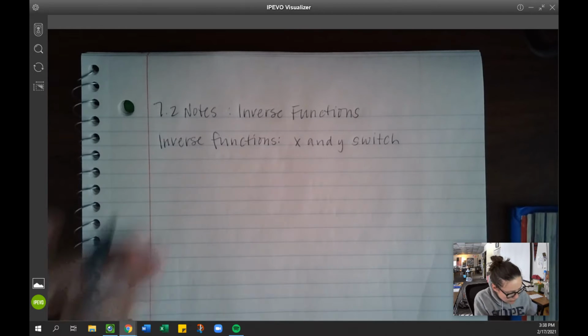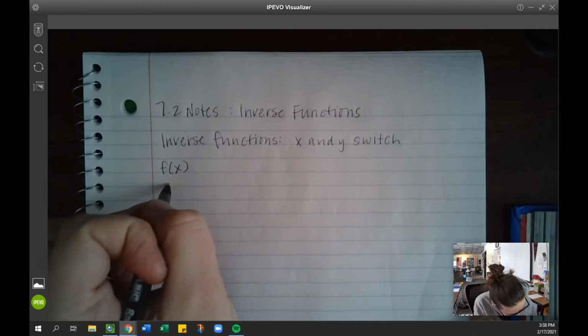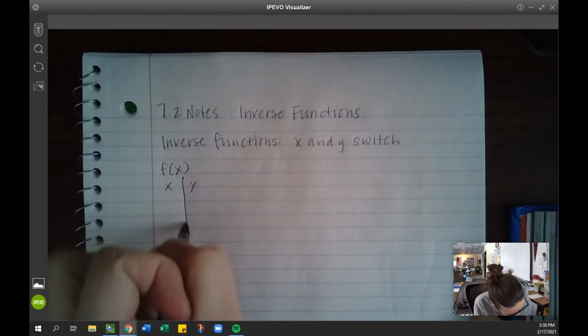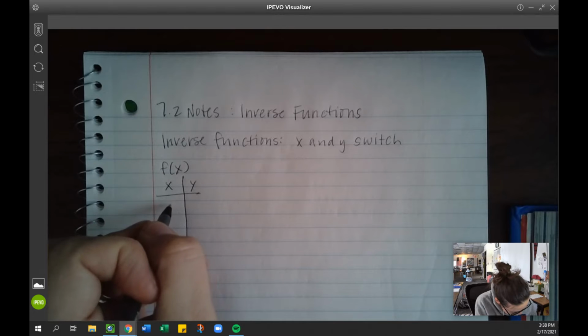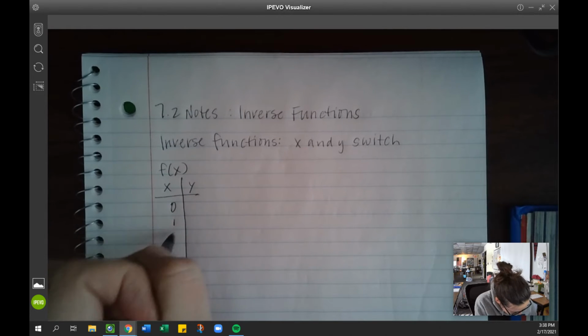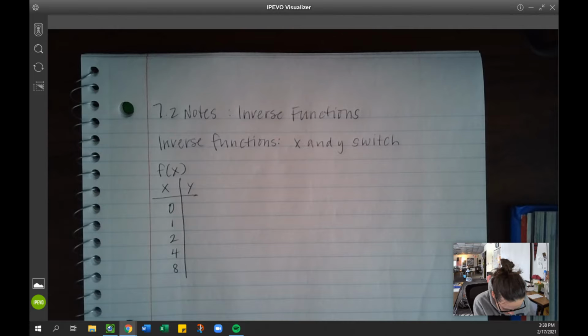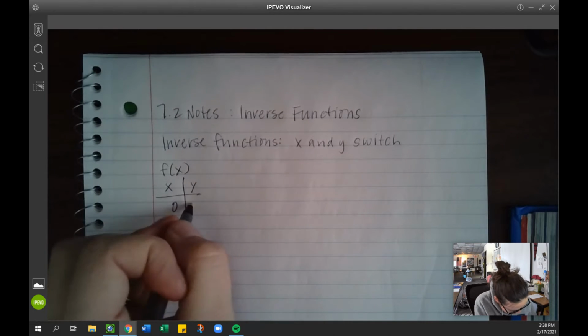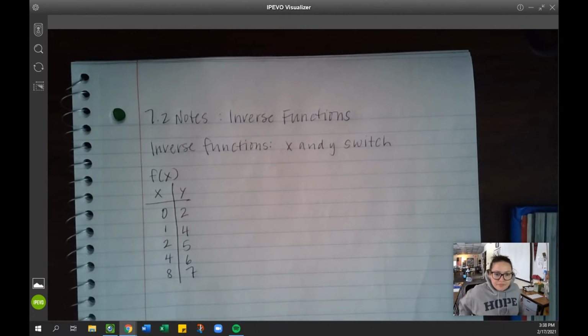So let's say, for example, that this is f of x, and I have this xy table here. And my x table goes 0, 1, 2, 4, 8. And my y table goes 2, 4, 5, 6, 7. Let's say that's f of x.